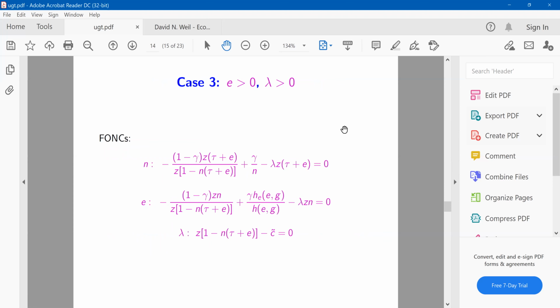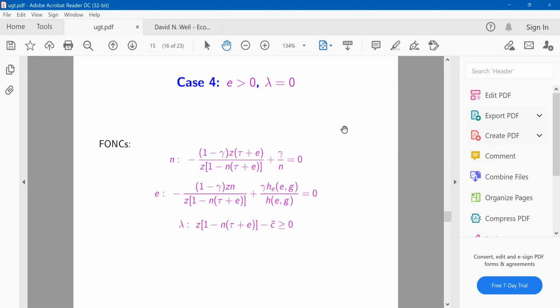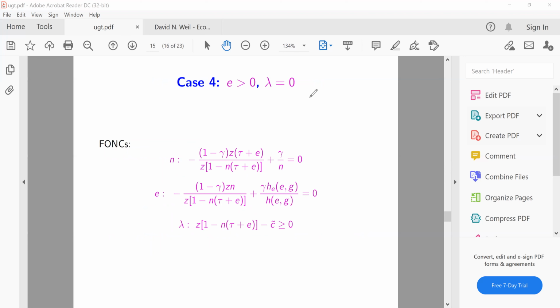For each case, you find the conditions that require optimality, right? For each case, it is simple, and eventually the important ratio is this one here: the derivative of the H function with respect to education divided by human capital, evaluated when E is equal to 0.